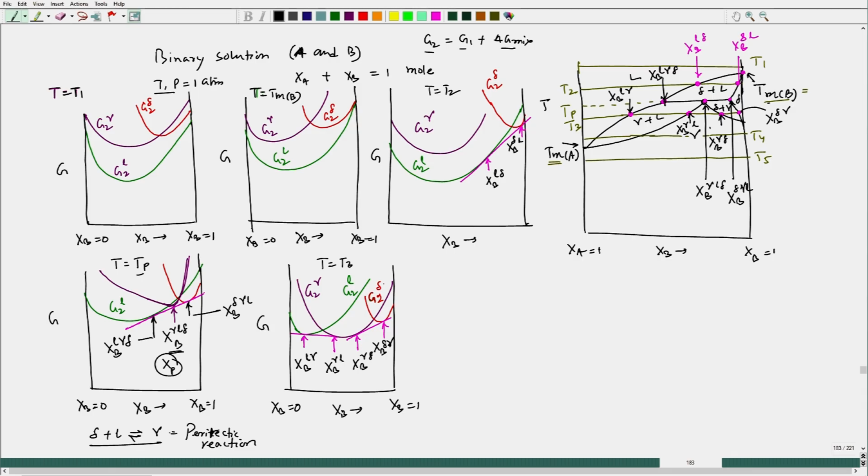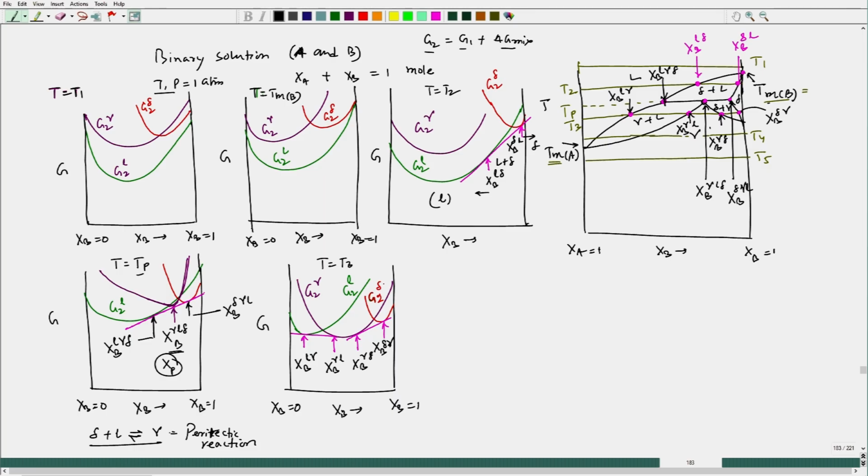Now, if I look at T equal to T2, left to this I see all liquid and right to this I see all delta. In between we have liquid plus delta. Exactly we have that situation, that truncated region is actually having delta plus liquid.